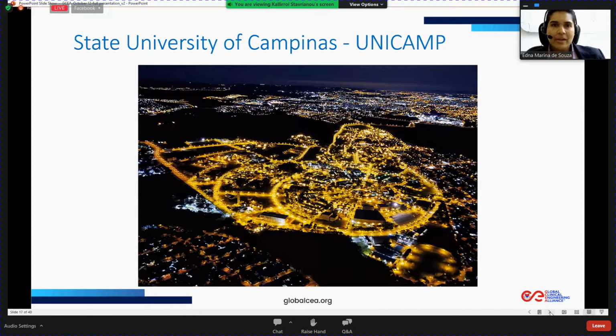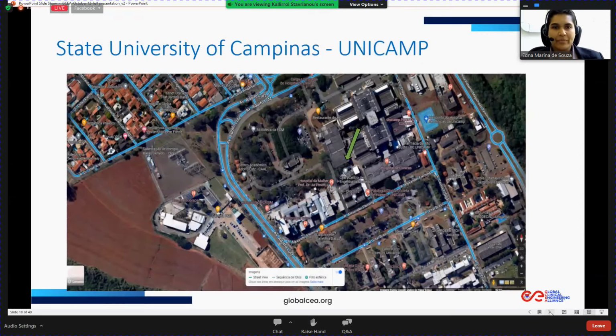So here we have a picture of the State University of Campinas, Unicamp, showing the extension of our university. Next, please. And here another picture highlighting the Center for Biomedical Engineering near the clinical hospital of Unicamp.